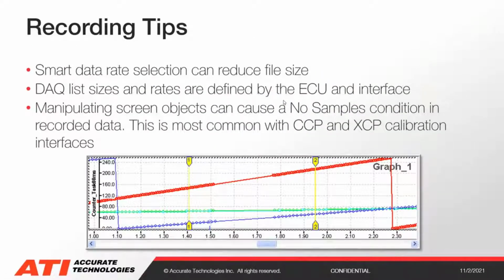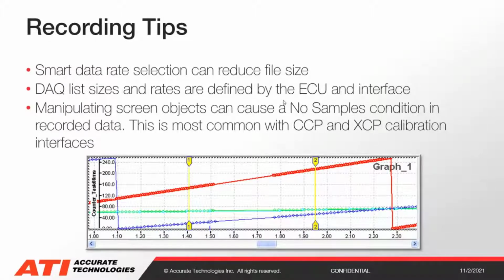All right, some recording tips. Smart data rate selection can greatly reduce file size. A 5-minute recording with 100 channels at 100 milliseconds, probably not that bad, but if you take all of those 100 channels down to 500 microseconds, you've increased the size of those particular channels and the file in total by about 50 times.